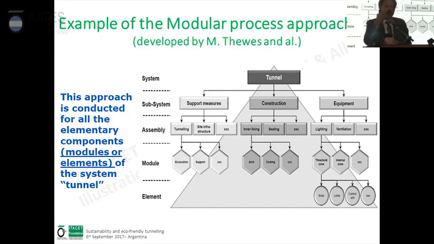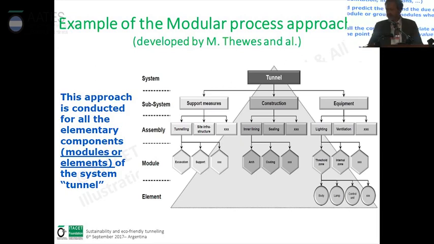The interest of such a methodology is the way we can divide the tunnel into different elements. And of course, elements will have some processes during time, and it gives the global view of all the tasks.